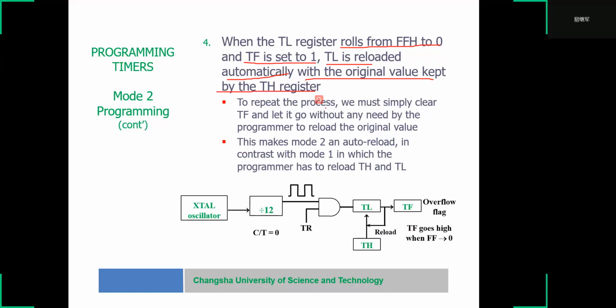To repeat the process, we must simply clear TF and let it go, without any need by the programmer to reload the original value. This makes mode 2 an auto-reload, in contrast with mode 1, in which the program has to reload TH and TL.